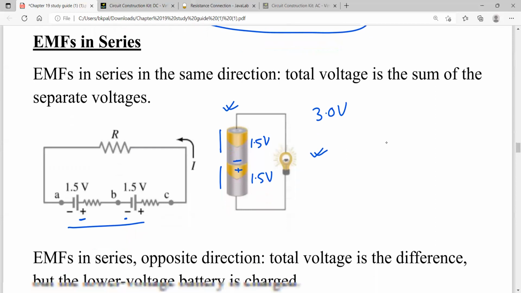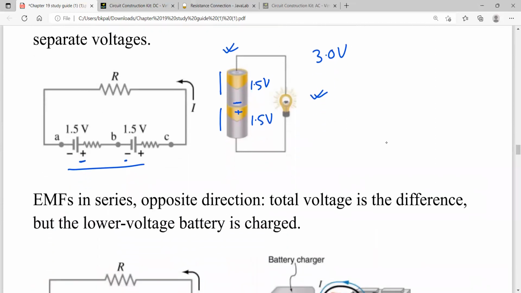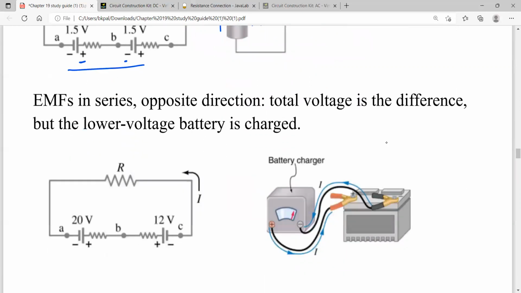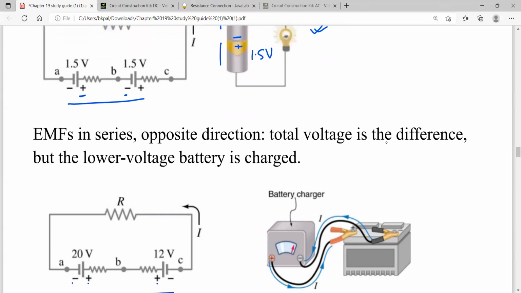Now what about if you connect them in the opposite direction? For example, something like this. Here your positive is connected to positive, negative is connected to negative. So still they are in series but in the opposite direction.